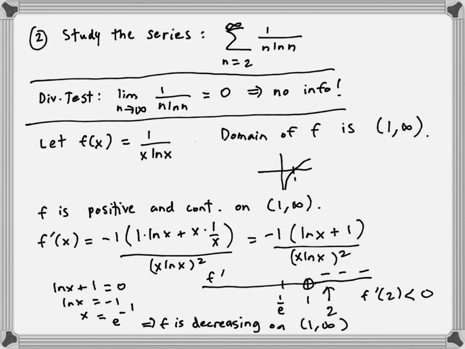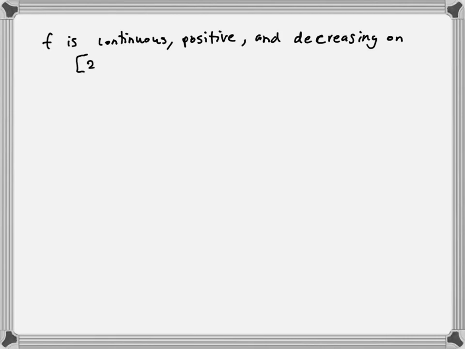Now, what do we do about this? We've got positive, continuous, and decreasing, but we can't include the number 1. So what this means is that I could say the following. F is continuous, positive, and decreasing on 2 to infinity.